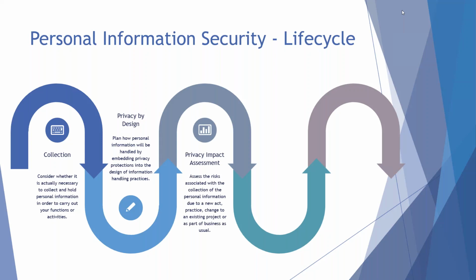The easiest way from a security professional's point of view to describe it is that most organizations already have a risk management framework. So the simplest approach is to consider personal information as an asset for the risk management framework.